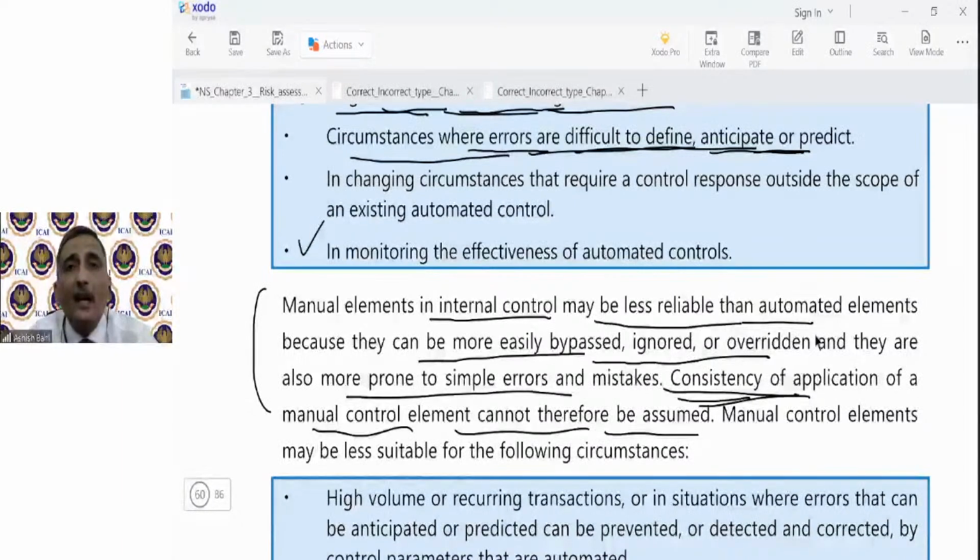So I would be very much worried about the consistency aspect, कि मेरे सामने तो कंट्रोल ठीक चल रहा है, लेकिन ड्यूरिंग द ईयर जो इवेंट्स पास्ट में हो गए तब कंट्रोल ठीक चला कि नहीं चला. So I would be trying to gain satisfaction about those things. I would be searching for evidence about those things. Okay, students, that is one of the drawbacks of manual elements in internal control.